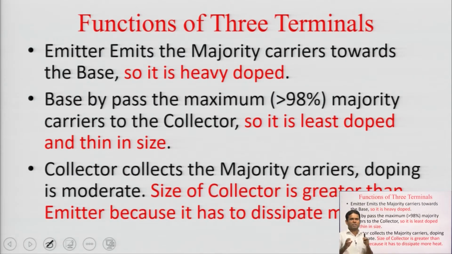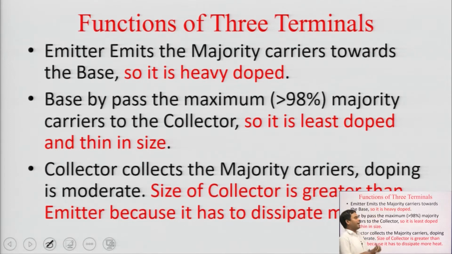To discuss the size and doping, first of all we need to know what is the role, what is the function of these 3 terminals. Now first of all, the emitter. Since the word is emitter, this means this layer or this terminal will emit the majority charge carrier.